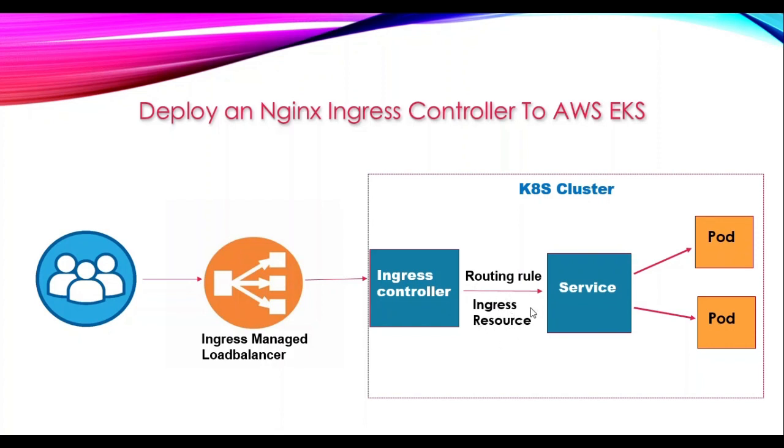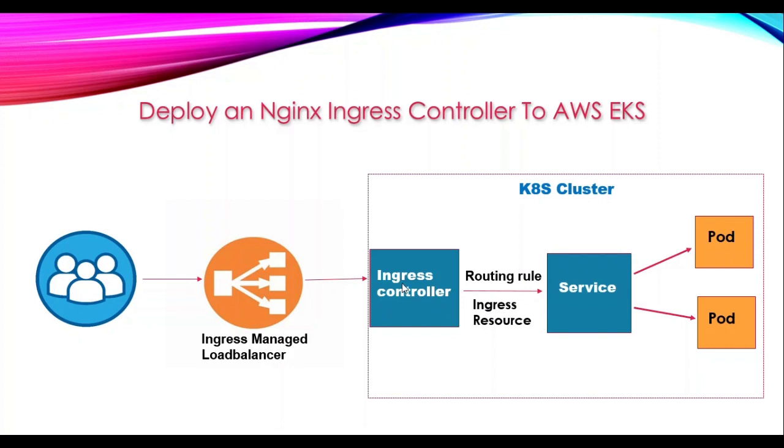This is where we define how we want our incoming requests to be handled. The ingress resource contains rules for routing traffic to the appropriate service based on the host names and paths. Over here we'll be specifying the host name, the path, and everything. Don't worry, you'll see how it's done practically.